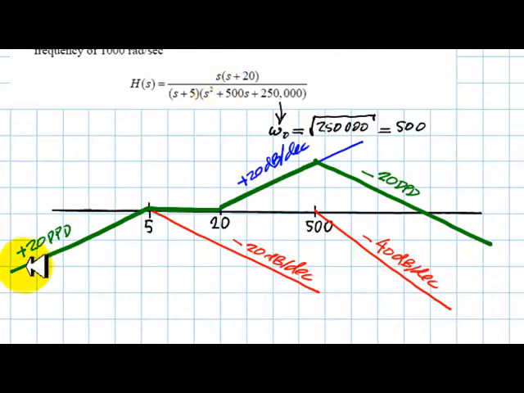Here it is. The entry curve has a slope of 20 decibels per decade because of this simple zero at 0. At 5, this contribution flattens it out. At 20, it takes up again with this slope, and then this minus 40, turning it downwards with a final slope of negative 20 decibels per decade.